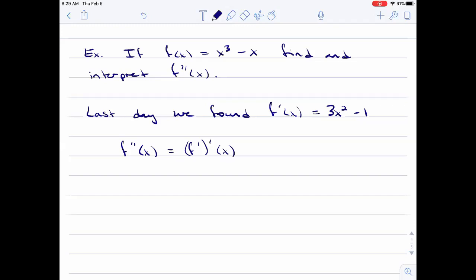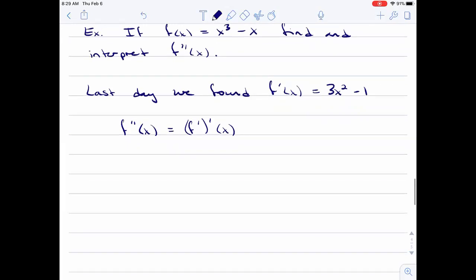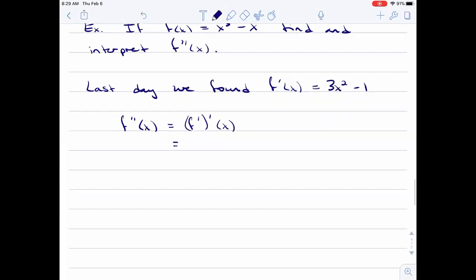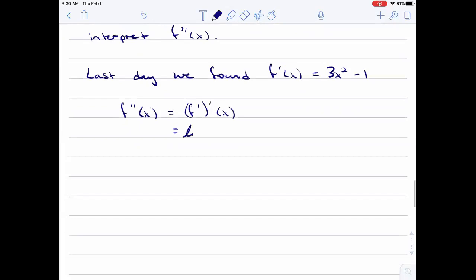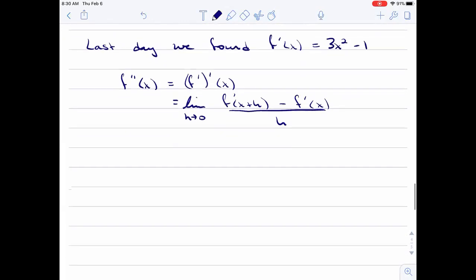We'll never use that notation, because the derivative's on the f, not on all of it. So then, using the limit definition, we've got the limit as h goes to 0 of f prime of x plus h minus f prime of x over h.